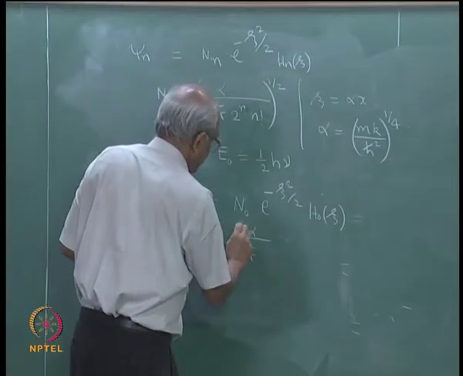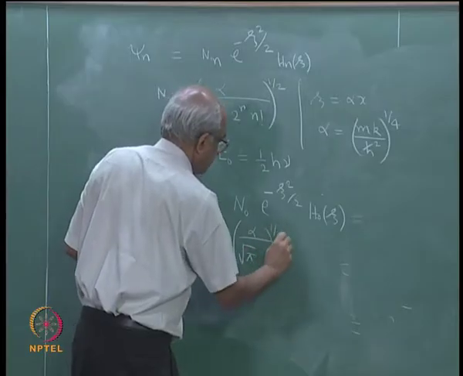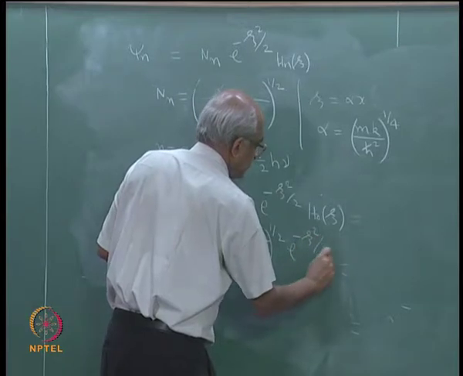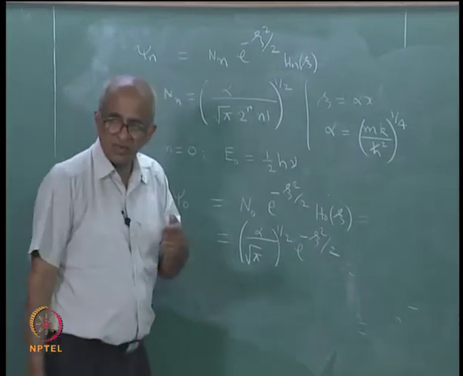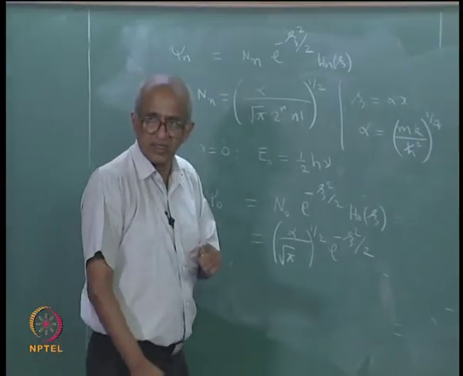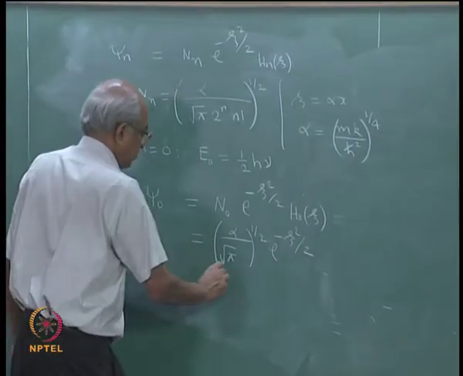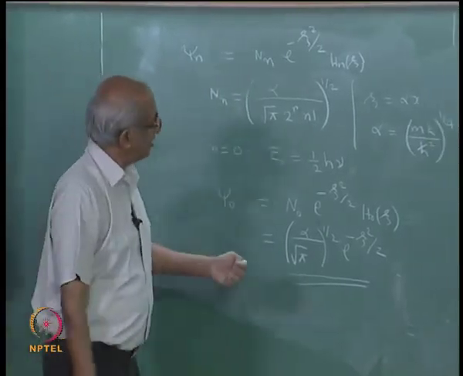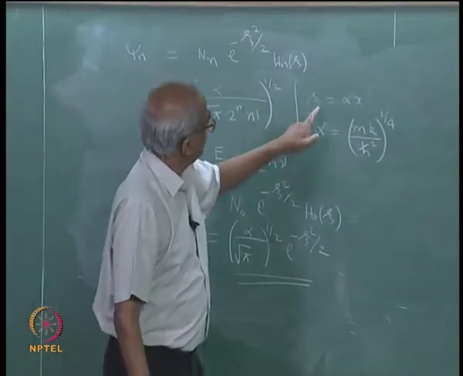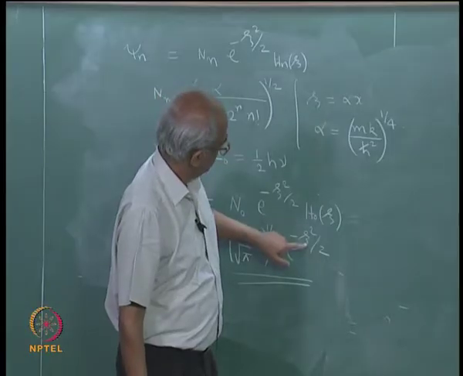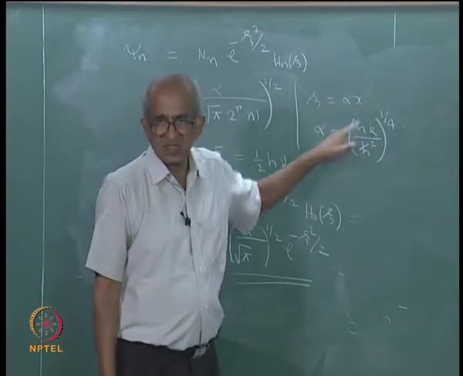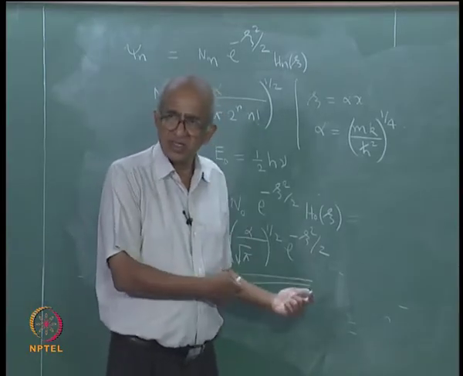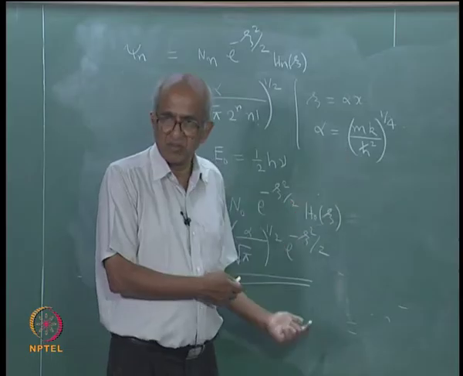So, therefore, you get this to the power of half, e to the power of minus c square by 2, and H0 we did evaluate in the morning, it is equal to 1. So, therefore, the wave function is this, and if you want you can express it in terms of x. So, how will you do that? You will replace the c here with alpha x, but why should we do that? Instead of using x we can just use c, it is proportional to the position.